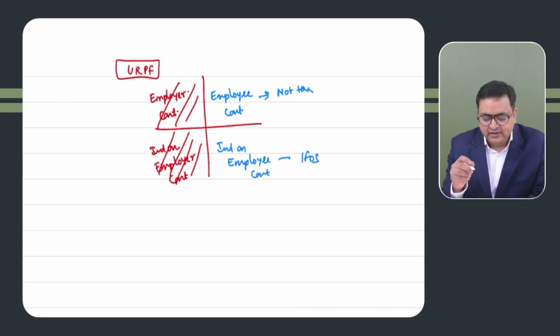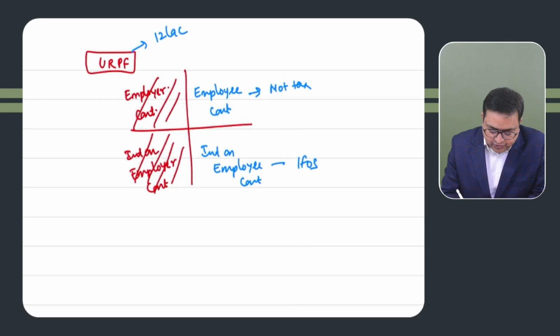Again, I am repeating. Let's say at the time of retirement, the person received the URPF balance. For example, the URPF balance is 12 lakh rupees. How is this 12 lakh rupees constituted? Let's say employer contribution is 4 lakh, employee contribution is 4 lakh, and interest is 2 lakh rupees each, right? Total 12 lakh rupees he is receiving.